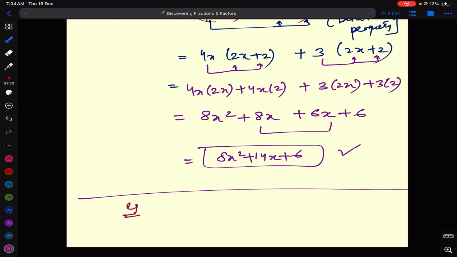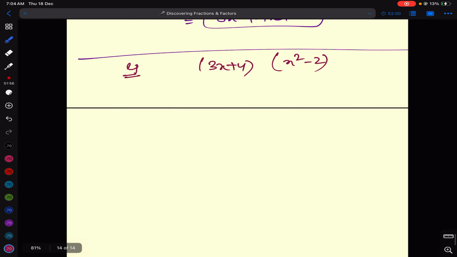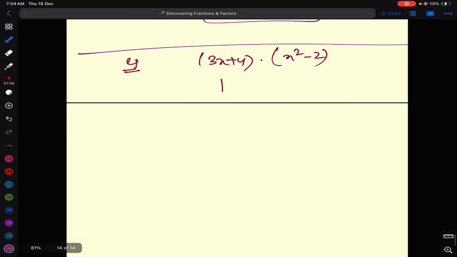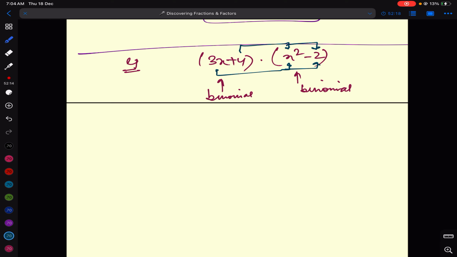The final example here is when we multiply 3x plus 4 with x square minus 2. Now if you see carefully, here we have the product of two binomials again. So this is a binomial and this is also a binomial, right? So when I multiply them, 3x is distributed to the first and second terms, and then 4 is distributed to each of them.